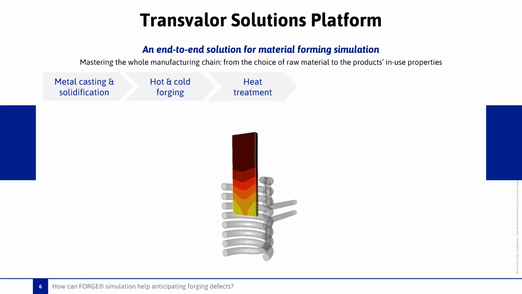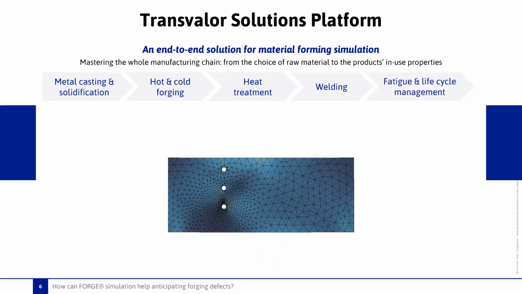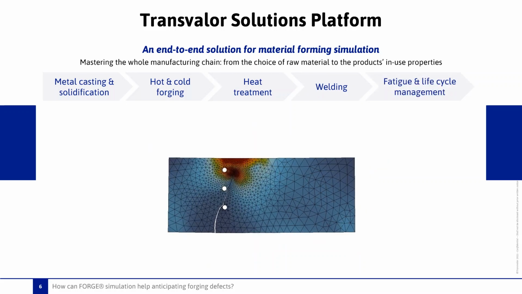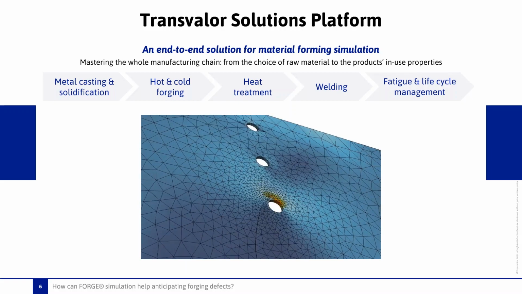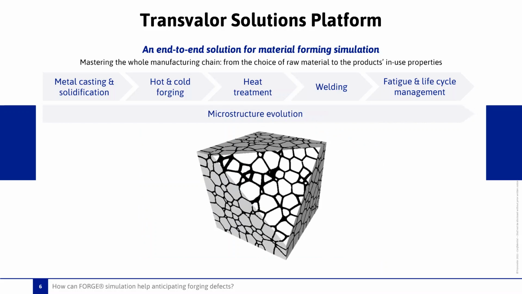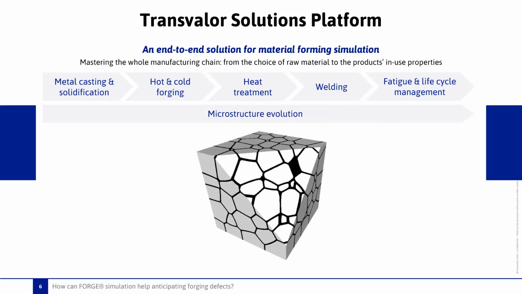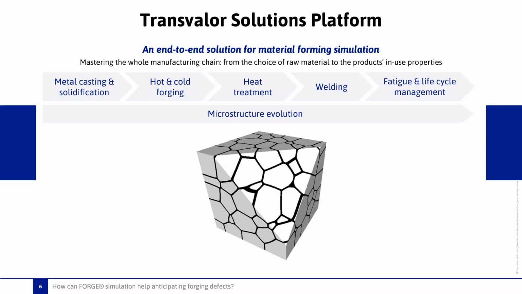Here we see together the interoperability between all our software solutions. As well, we are working on interoperability with external software to help you to easily integrate our solution in your production. The microstructure evolution is very important. You can model the microstructure evolution from the casting till the forming and the fatigue calculation.